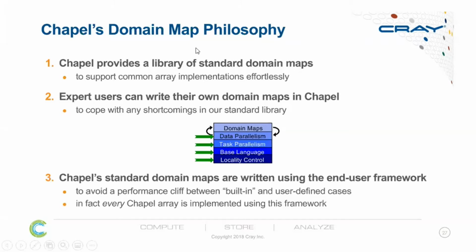Expert users can write their own domain maps in Chapel to cope with any shortcomings in the standard library, because it's always going to keep adding more things, right? Chapel's standard domain maps are written using the end-user framework to avoid a performance cliff between built-in and user-defined cases.